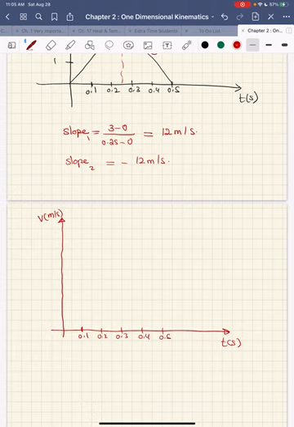I know that my object has changed its motion here. The scale might be something like 5, 10, 15. Oh sorry, it's positive here.